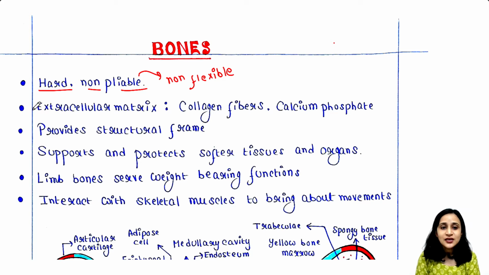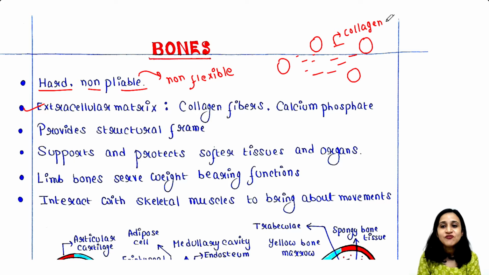And the extracellular matrix. Bones also contain many cells like these, and they have the extracellular matrix, ECM, in between these cells. This extracellular matrix is made up of collagen fibers in case of bone, and these collagen fibers give strength to the bone.